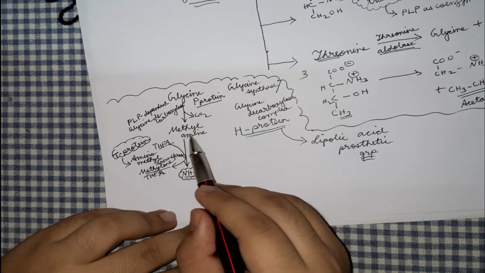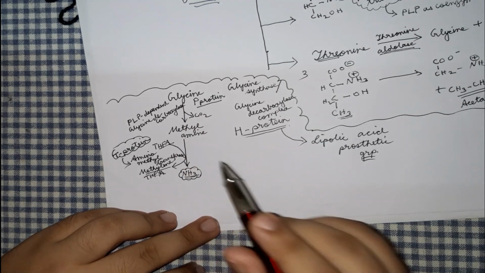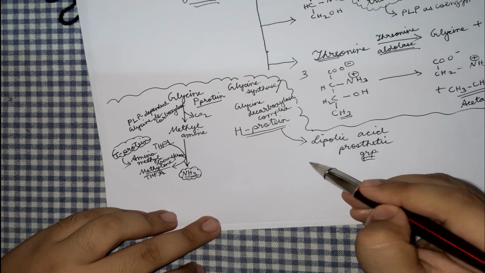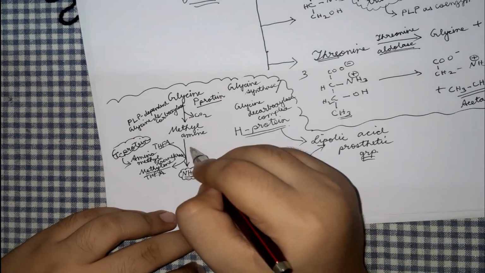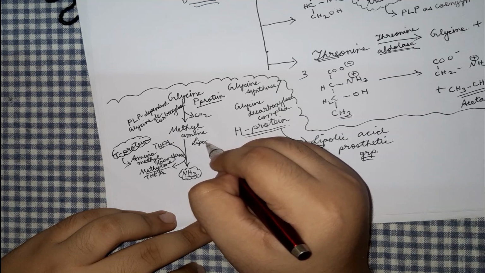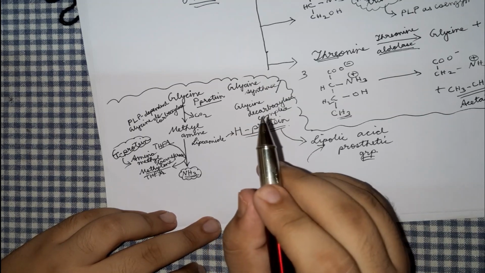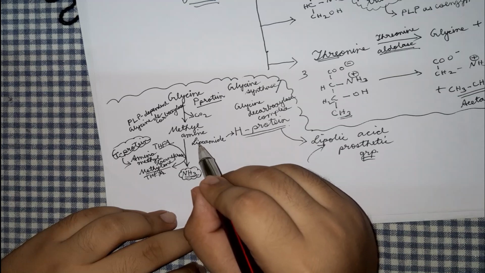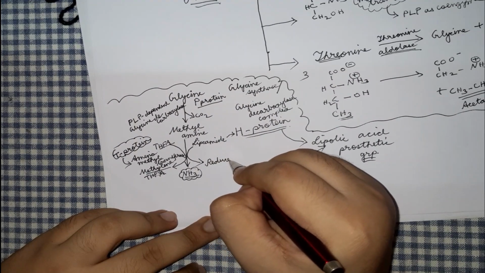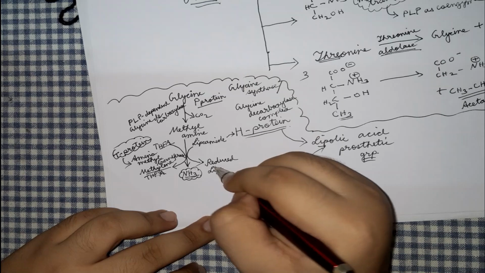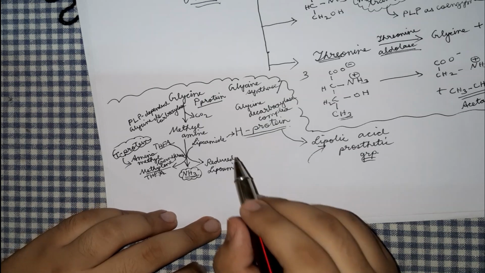So when this methylamine, or whatever the residue is after carbon dioxide has been removed from glycine, goes and binds with the lipoic acid, what is happening is that the lipoamide residue of H protein, the lipoamide residue of H protein, that is actually reduced lipoamide. All right, that is what is happening.